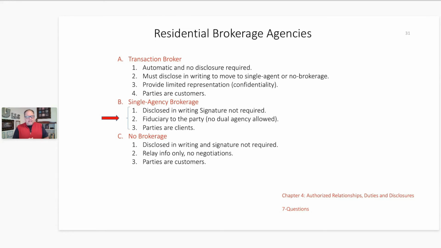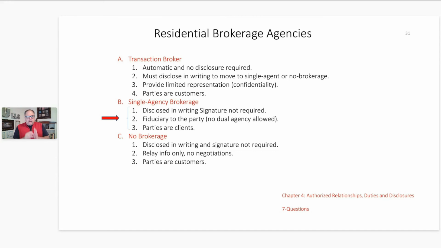So transaction broker is automatic. In order to go to a single agent or a no brokerage, you have to provide a disclosure in writing, and it's going to be a disclosure form, single agent broker or a no brokerage. That has to be provided to your client or your customer.